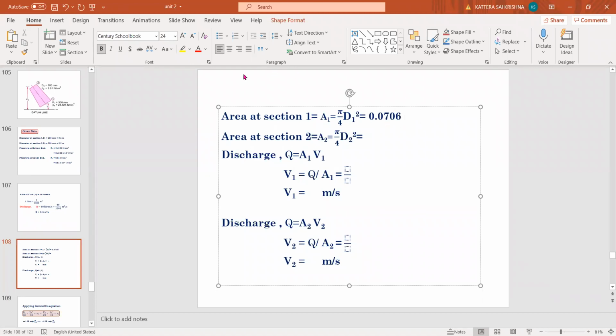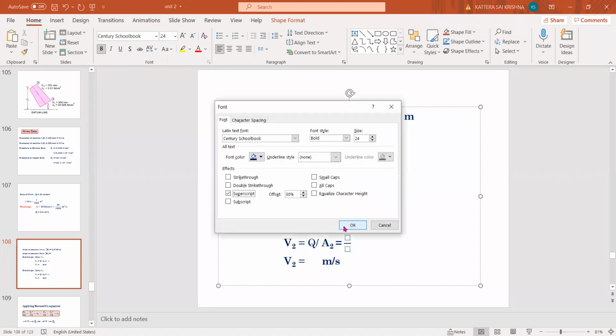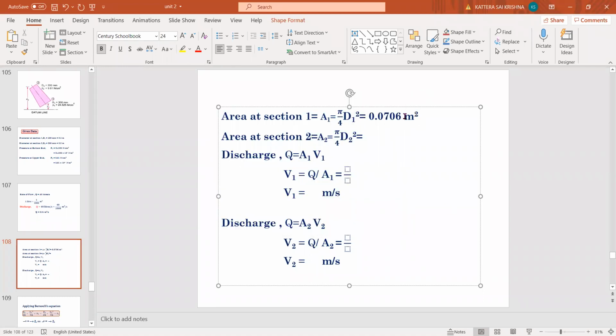Write the units, meter square. Right. Similarly, find the area at section 2: pi by 4 into diameter 0.2 square, which is 0.0314 meter square.